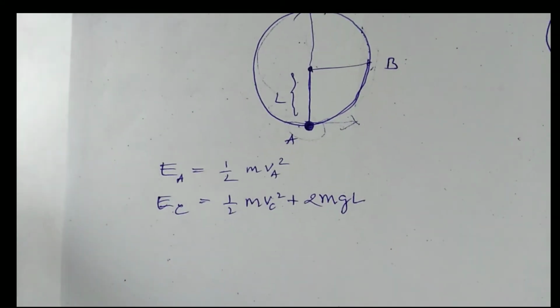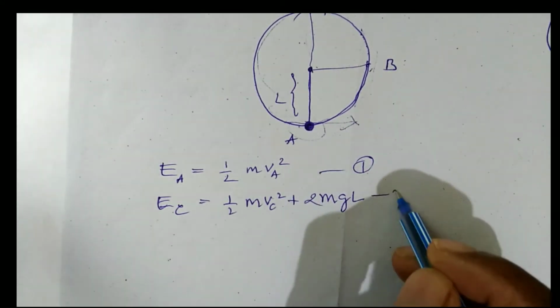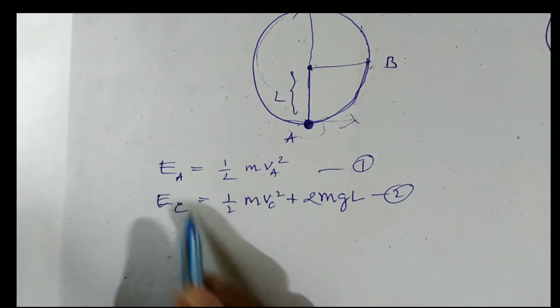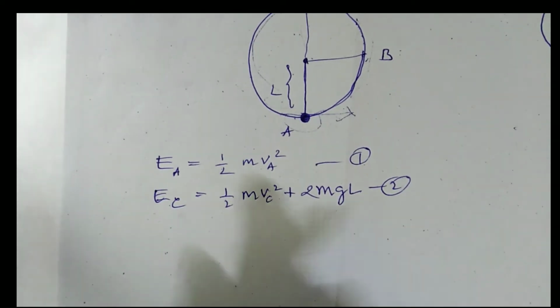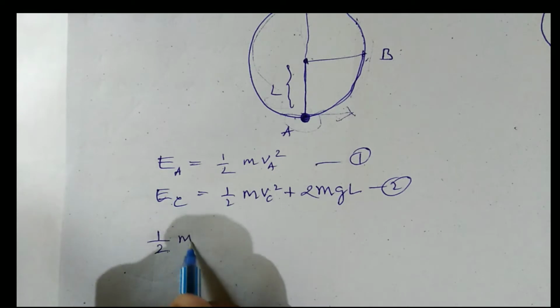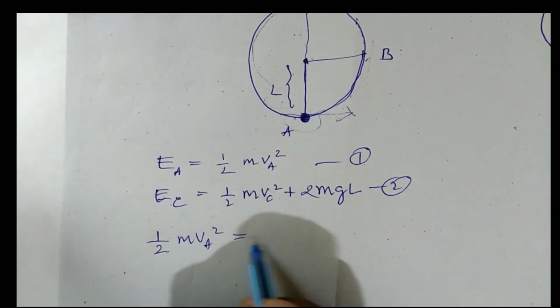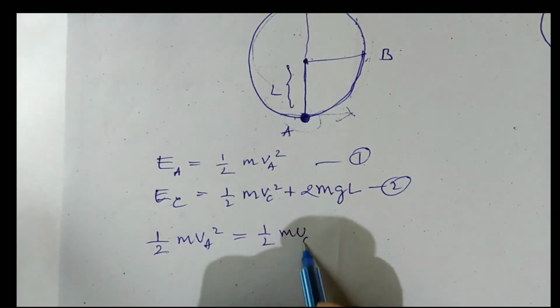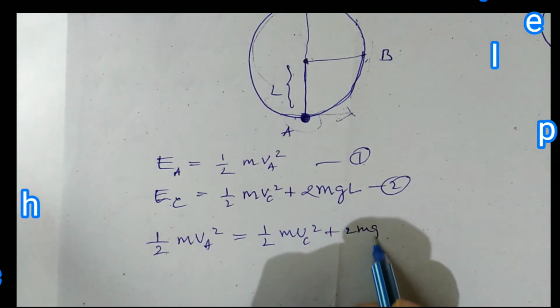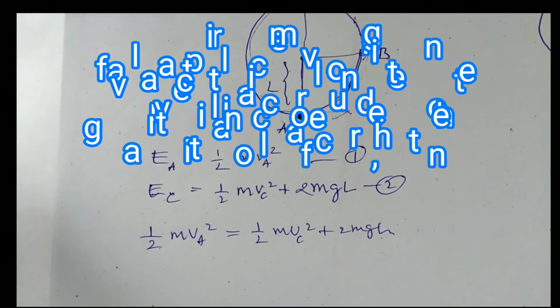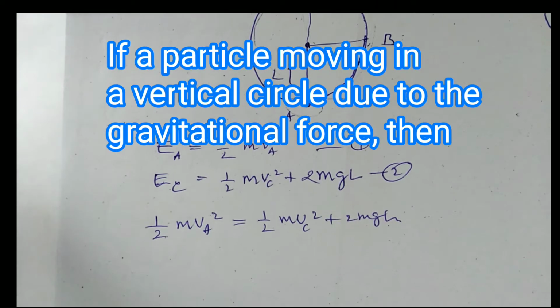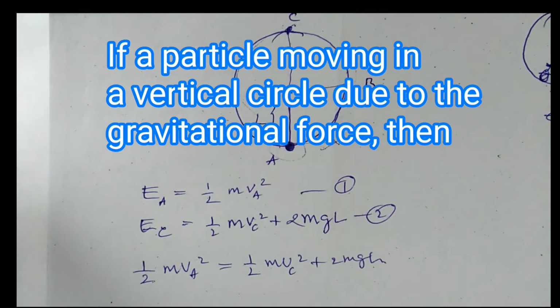Using these equations, say equation 1 and equation 2, both energies are conserved. So we can write half mv_A square equals half mv_C square plus 2mgL. Now we use Newton's law.